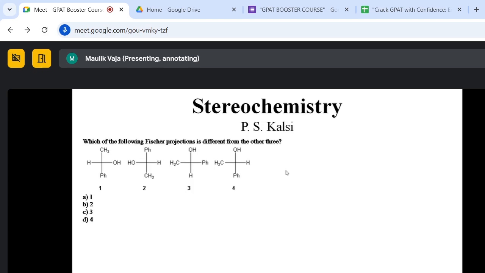Which is different from the other three? Answer option 4, sir. C is incorrect. Answer 4 is correct. Okay, answer 4 is the correct answer.